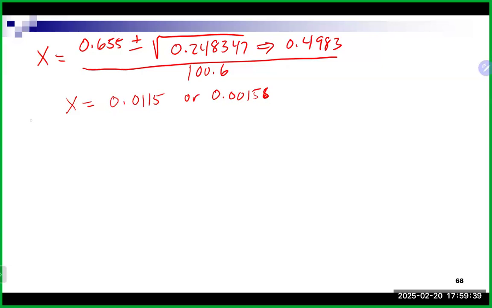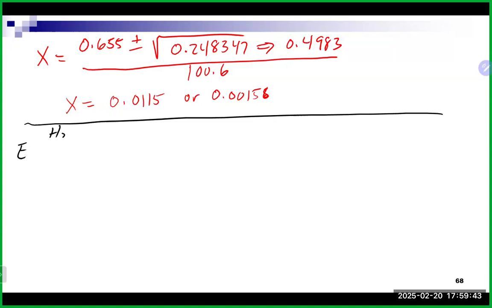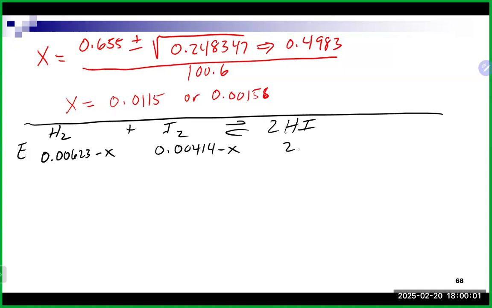We go back to our ICE table and look at the equilibrium line for our H2, our I2, and our HI. We have at equilibrium for H2 0.00623 minus x, I2 0.00414 minus x, and HI 0.0224 plus 2x.